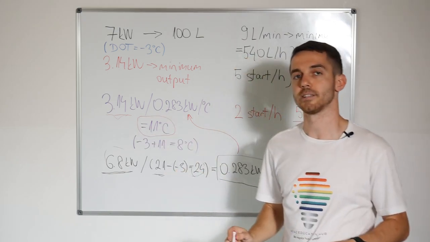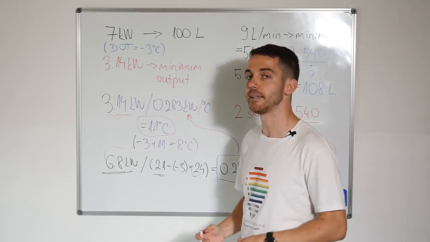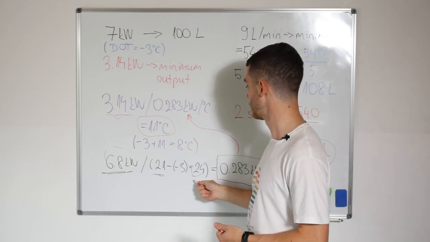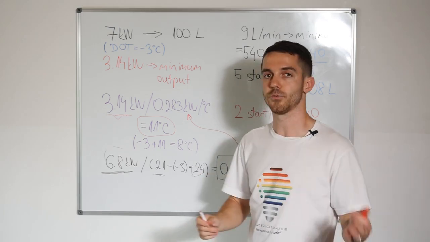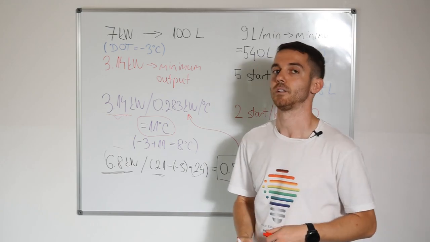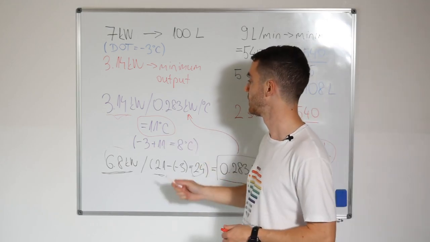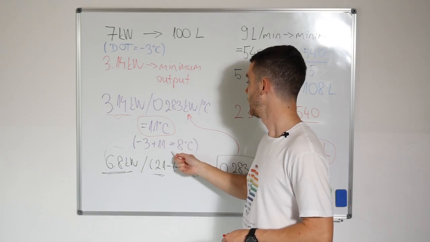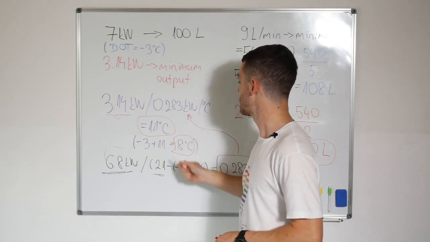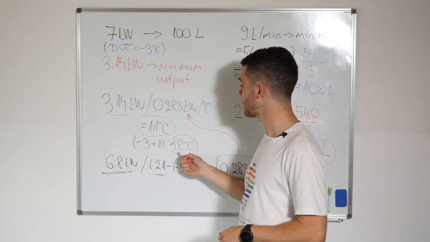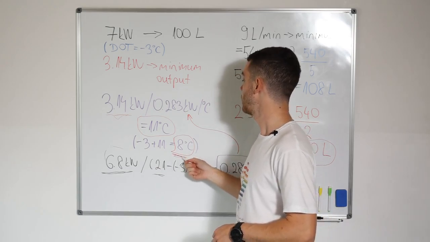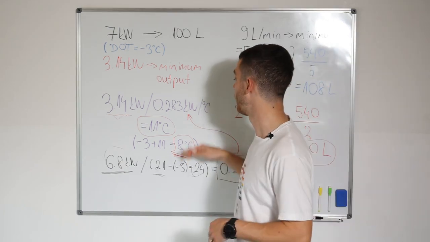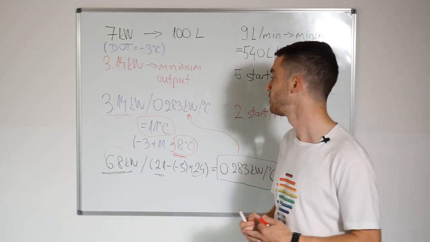What does 11 degrees mean? It's the temperature difference between outdoor and indoor. So in that case we don't have a 24 degree difference, we have an 11 degree difference. From -3 plus 11, outdoor is 8 degrees. So at an outdoor temperature of 8 degrees, our heat pump will not modulate. Above 8 degrees, it will go on and off.